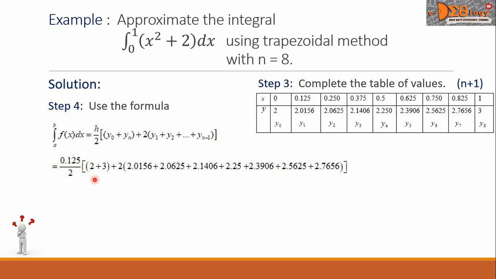So we write here 2 plus 3 plus the constant 2, we copy it here, multiplied by the sum of the remaining values of y. Using our calculator, we can simplify this value into 2.3366. This is now the final answer.